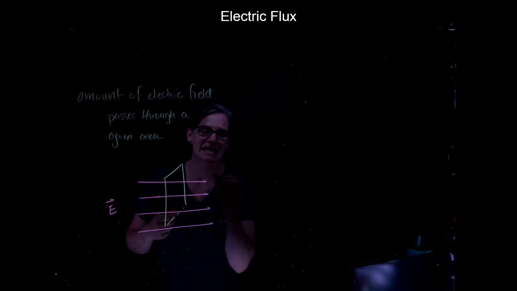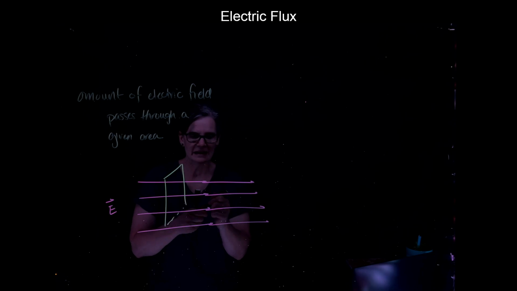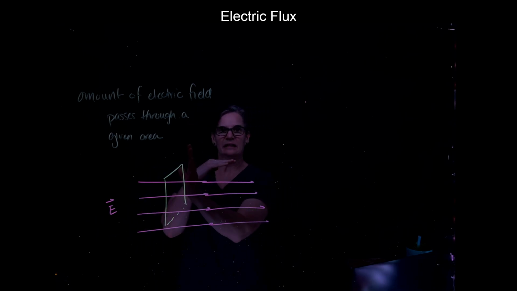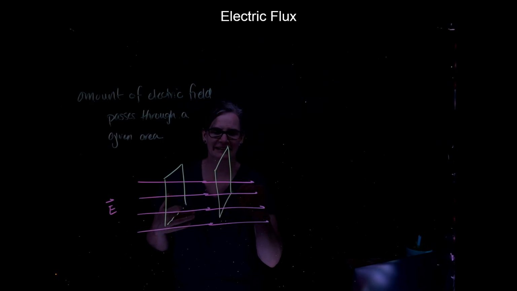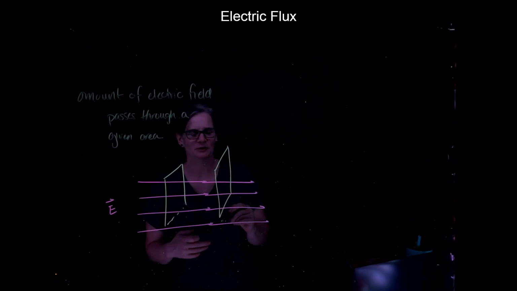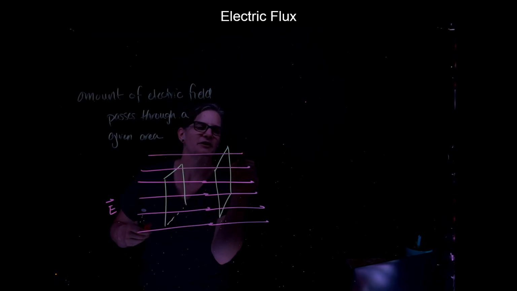Let me extend these electric field lines a little bit. Than if that rectangle was orientated at an angle. And I'm gonna try to draw this maybe there. I don't know, does that look like it's at a steeper angle? Sure. All right. And of course I drew it too high. So let me add a few electric field lines in there.